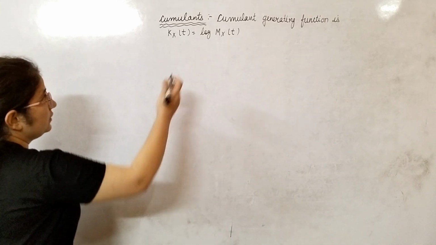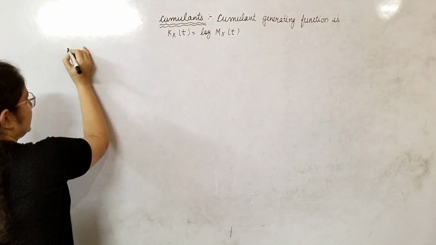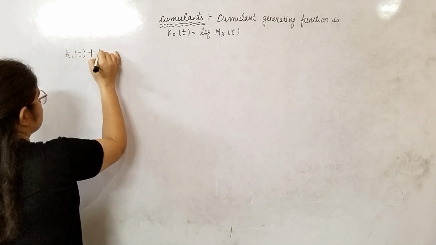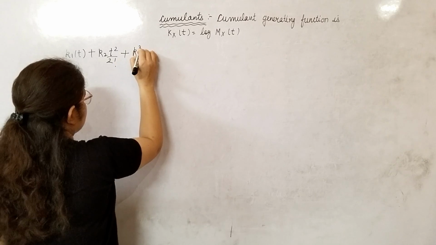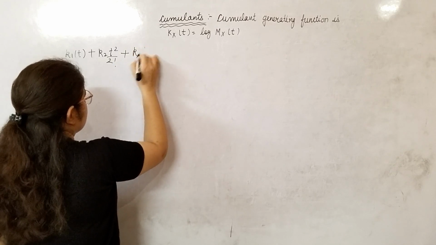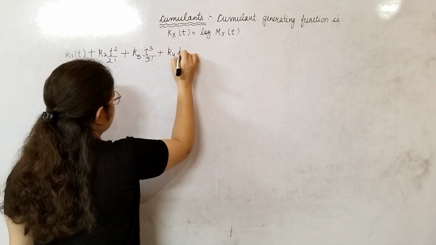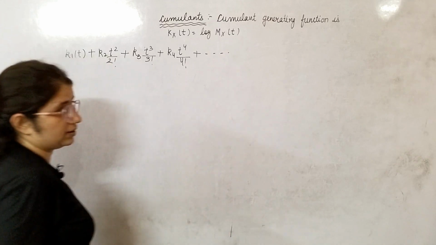Okay, so how will we find the moments from this function? See, I can write K_X(t) as k1 t plus k2 t square by 2 factorial plus k3 t cube by 3 factorial plus k4 t to the power 4 by 4 factorial and so on.